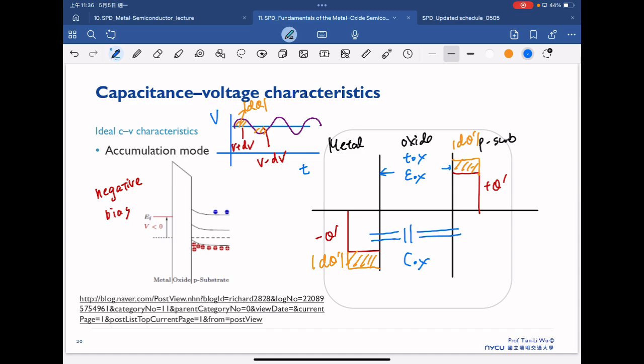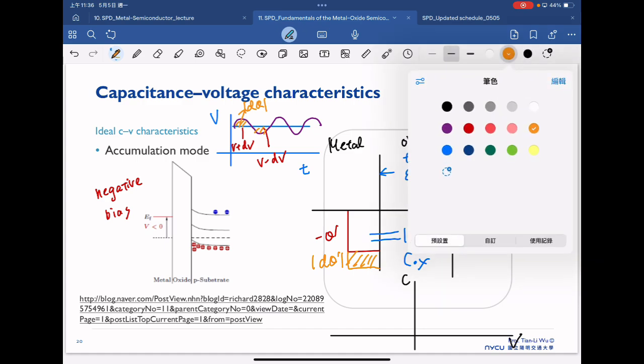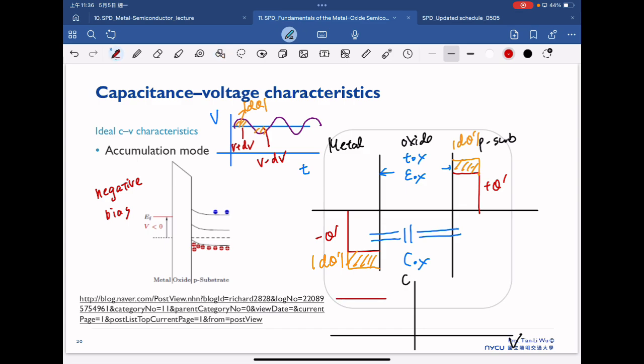So we can foresee that under negative bias in the CV, we have a constant C value, C accumulation, which is equal to C ox, equal to epsilon zero epsilon x over T ox. That is the first step, the capacitance in the accumulation mode, and then we can estimate the accumulation capacitance.